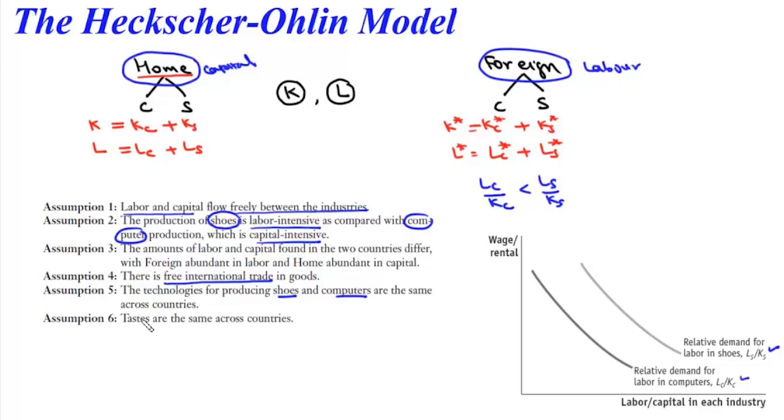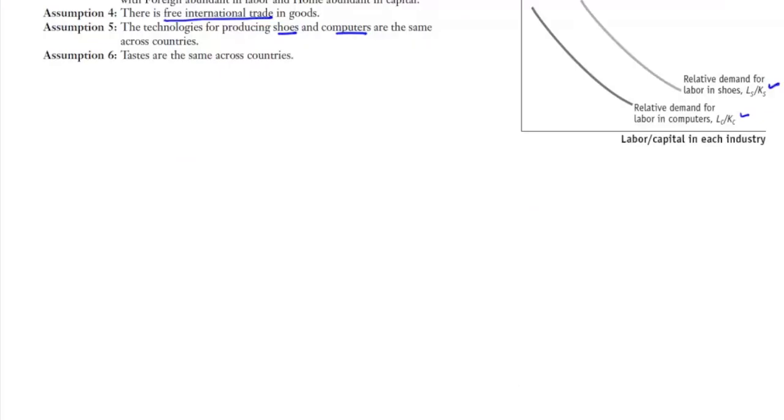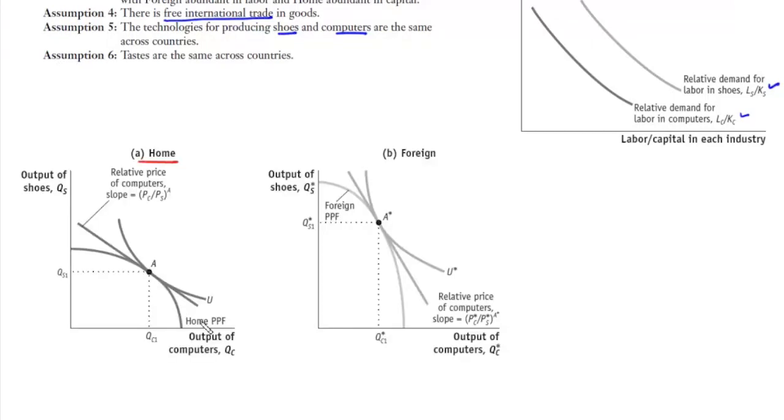Now we'll start describing this model. First we'll discuss the no trade equilibrium in home as well as in foreign. For home, this is the production possibility frontier, or production possibility curve. It is skewed towards computers because home is capital intensive, and for foreign, the production possibility frontier is skewed towards shoes because foreign is labor intensive.